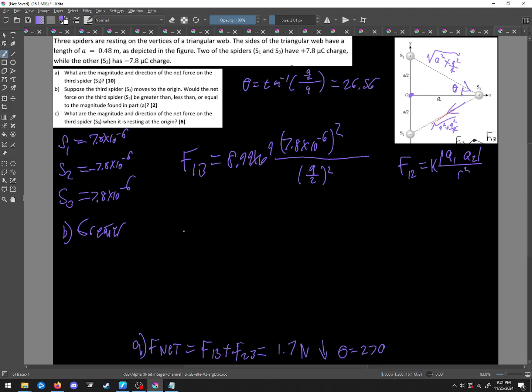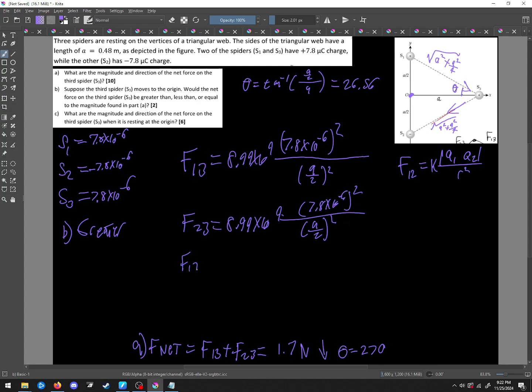And then same thing, F23 is going to equal 8.99 times 10 to the 9th over a over 2 squared, 7.8 times 10 to the negative 6 squared.